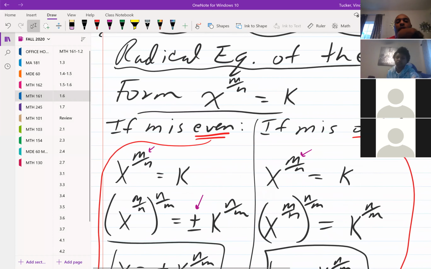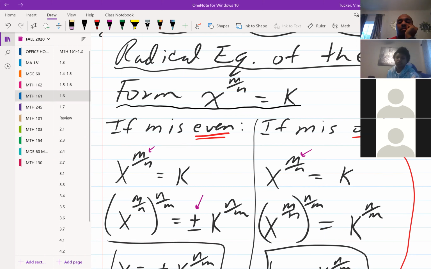All right, so let's look at radical equations in the form of x to the m over n equal to k. So if m is even, in other words, the top number of your exponent, we're going to have an exponent that's a fraction on our variable. If m is even, this is going to be the result.